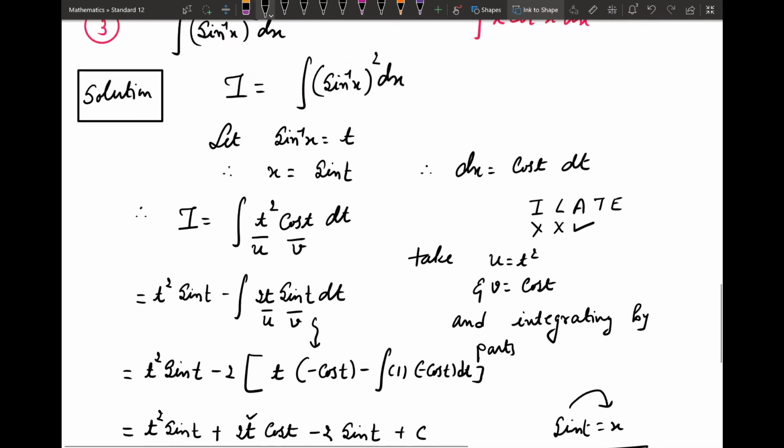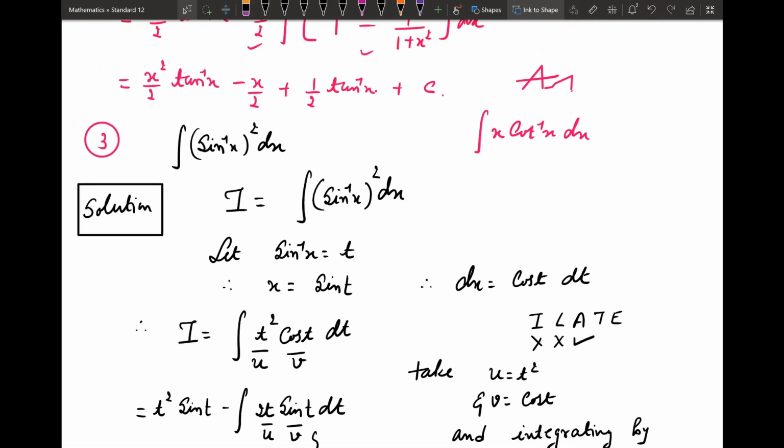So again, since it is t square into cos t, that means 2 times you have to use integration by parts, because t square is there, so it is a repeated use of by parts. Suppose t cube, then 3 times you have to use. So suppose sin inverse x equal to t, so x equal to sin t, so dx equal to cos t dt.